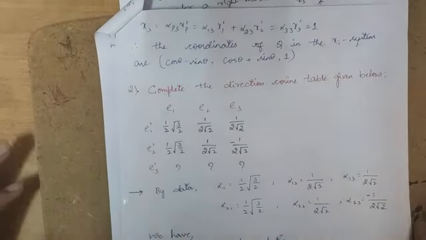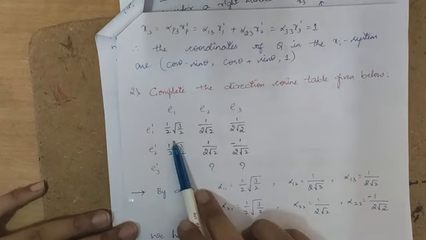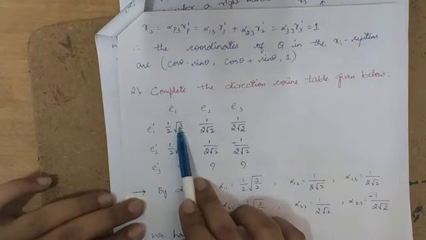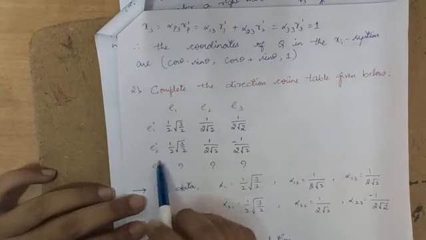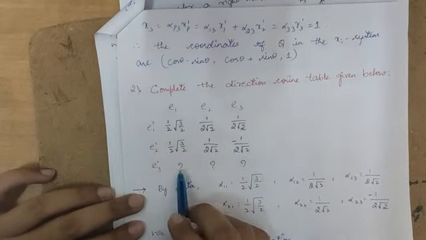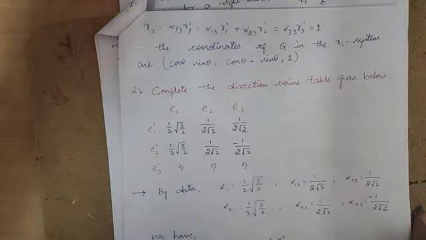The next problem is we have to complete this direction cosine table. Okay, so they have given alpha 11, 12, 13, alpha 21, 22, 23. We have to find out alpha 31, alpha 32, alpha 33. So let's solve that.